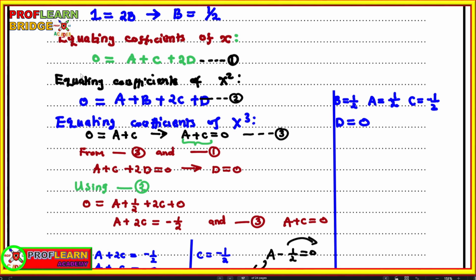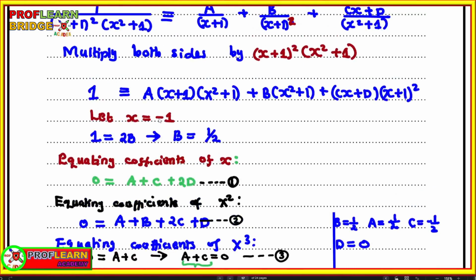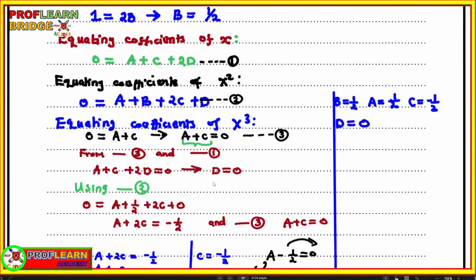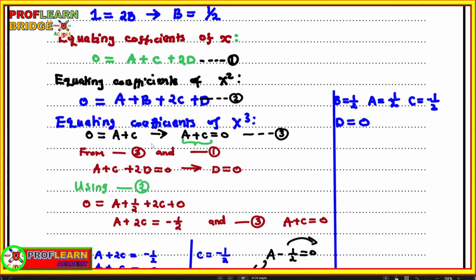Equating the coefficient of x squared, we are going to get this long equation here, which is actually going to be 0 equals a plus b plus 2c plus d. I believe you remember how to work out that. Equating the coefficient of x cubed, we are going to form this equation, and we end up having a plus c equals 0.